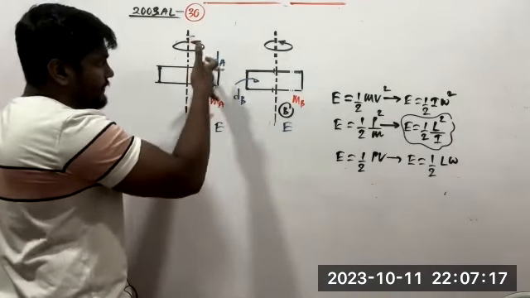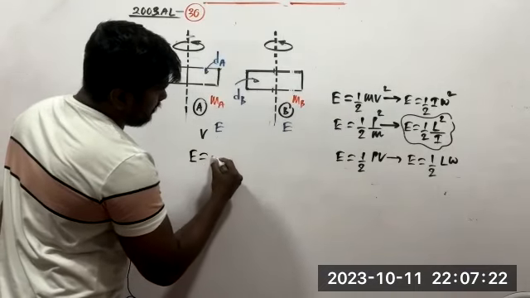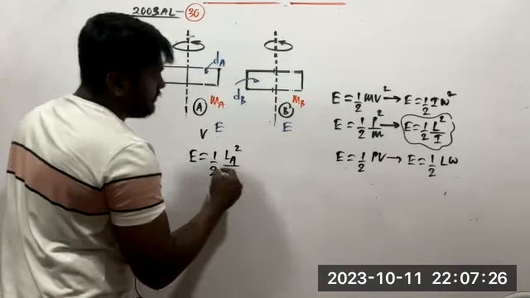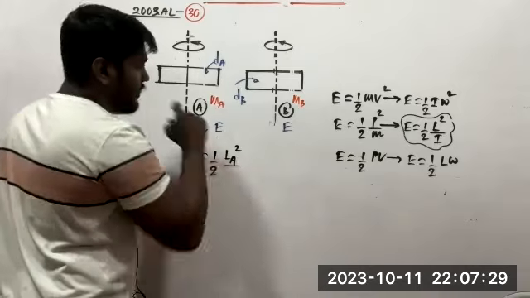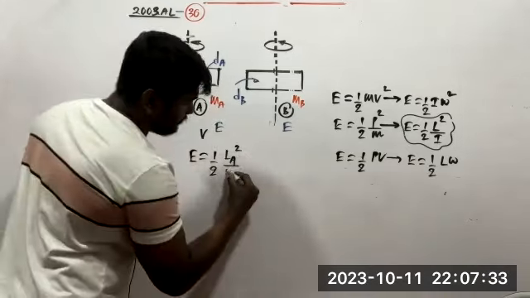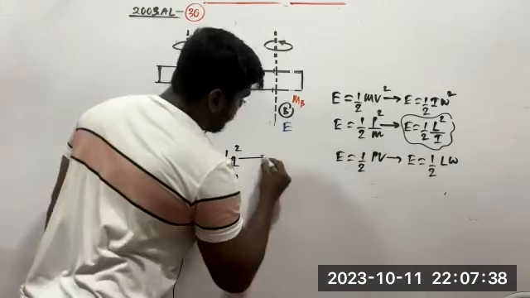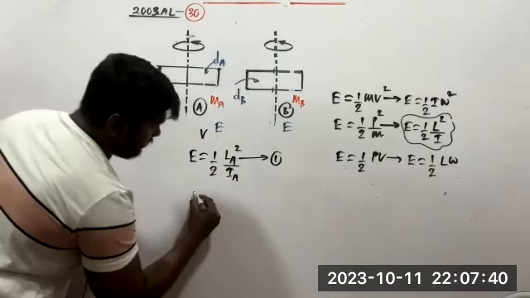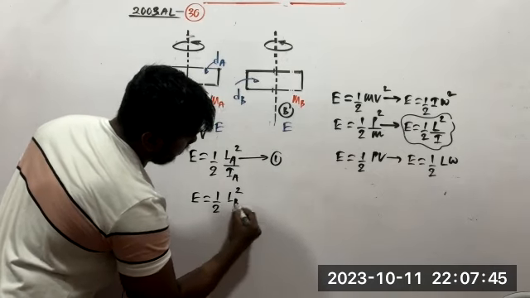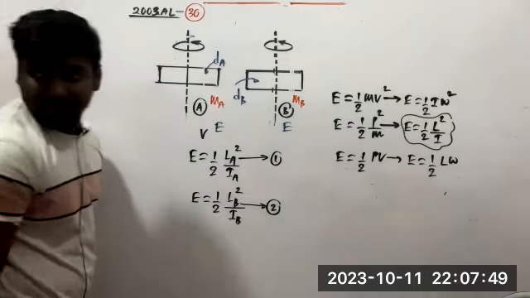Considering the first object, E equals half LA squared over IA, the moment of inertia of the first one. Their masses are different. This is equation 1. Then for B, rotational kinetic energy equals half LB squared over IB, equation 2, right?